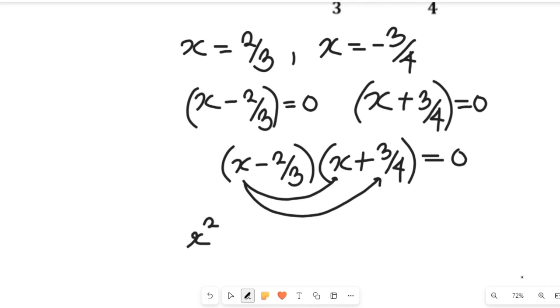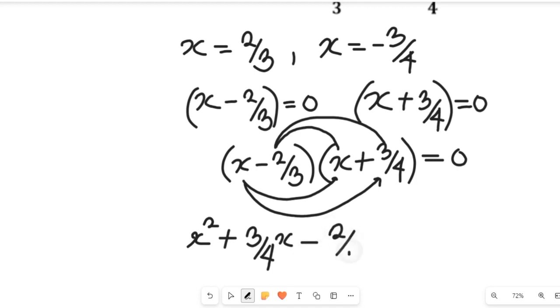Then x times 3 divided by 4 will give us plus 3 divided by 4x, right? So this will multiply this, and this will multiply this, and this will still multiply this. So that will give us minus 2 divided by 3 multiplied by x will give us minus 2 divided by 3x.